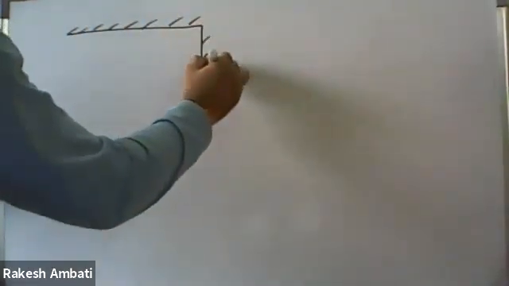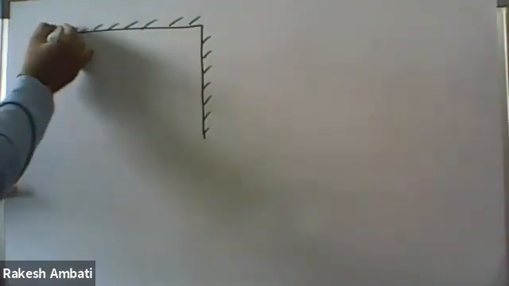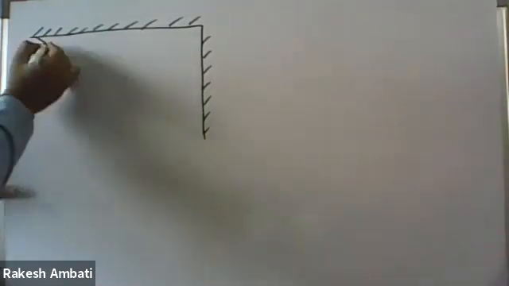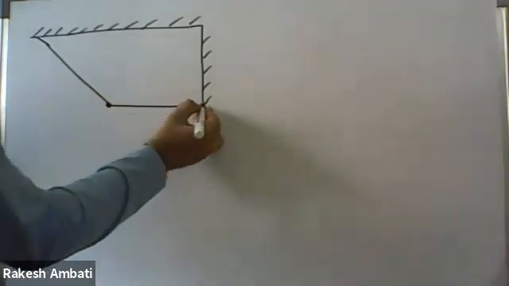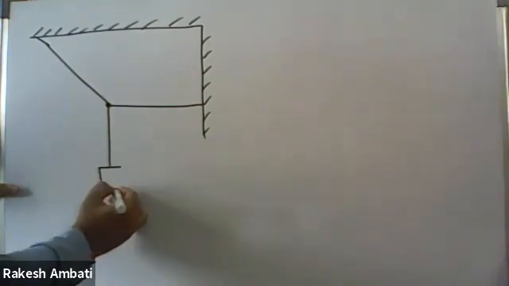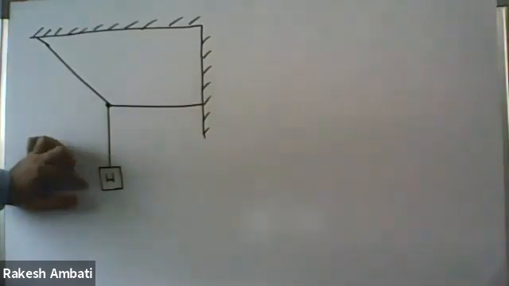So these are the supports given in the question. It is a string, tied points, a horizontal string, and here we have a block. W is the weight.